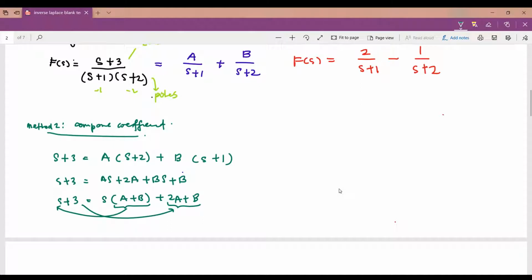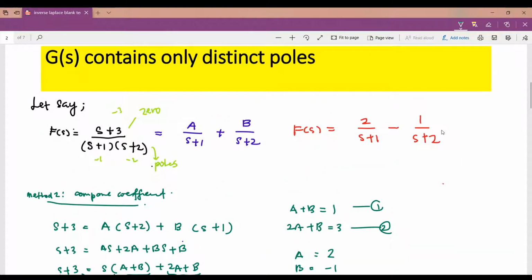From that, I can create two equations, which are A plus B is equal to 1, and 2A plus B is equal to 3. From both of these equations, you can use your calculator to calculate the unknowns A and B, and you will get the same result as the first method, which is A is 2 and B is negative 1.